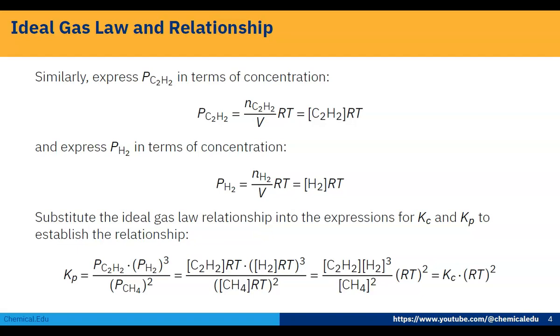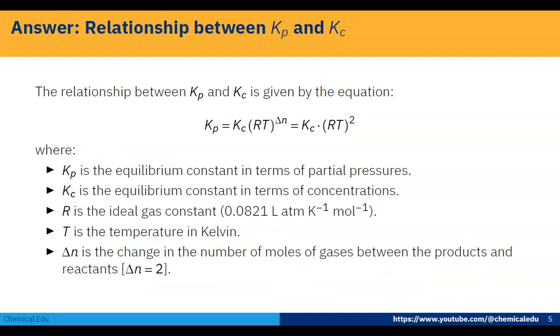So that is nothing but Kc. So we can write Kc times RT to the power square. So ultimately we get Kp is nothing but Kc (RT) to the power delta n. Here delta n is nothing but the change in number of moles of gases between products and reactants. So here delta n is 2. So Kc (RT) to the power 2.